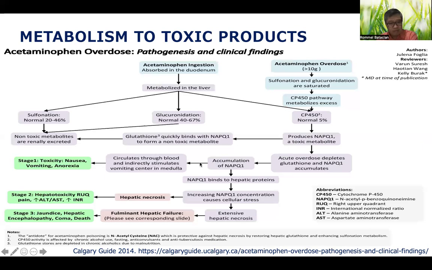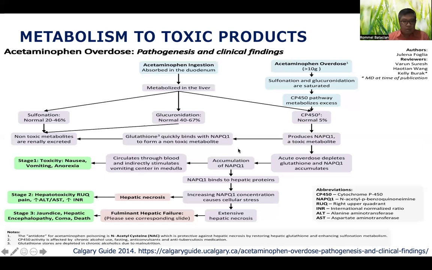Okay, but before that, the NAPQ1 circulates through the blood. It indirectly stimulates the vomiting centers in the medulla. So usually the initial stages of paracetamol toxicity would be nausea, vomiting, and anorexia. Because vomiting is one of the ways that the body would try to eliminate undesirable substances in the body.